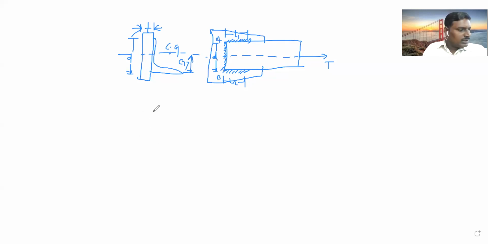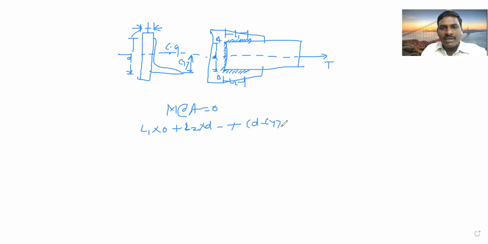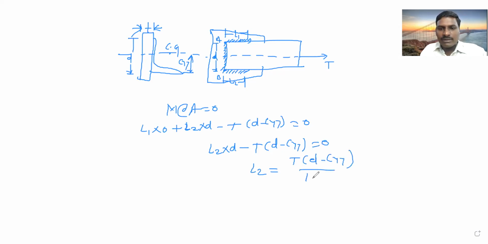So we have taken moment at A. So L1 into 0 plus L2 into D minus T into D minus CYY is equal to 0. So here L2 into D minus T into D minus CYY is equal to 0. And we have calculated L2, that is L2 is T in bracket D minus CYY divided by D. So this is equation number 1.